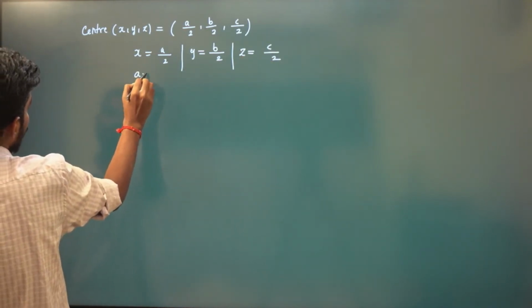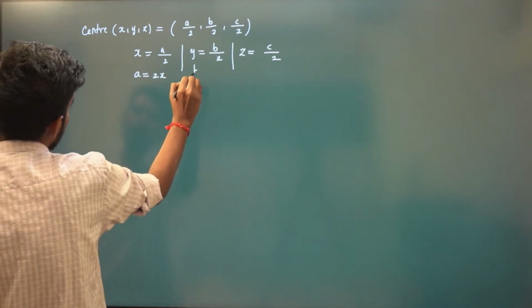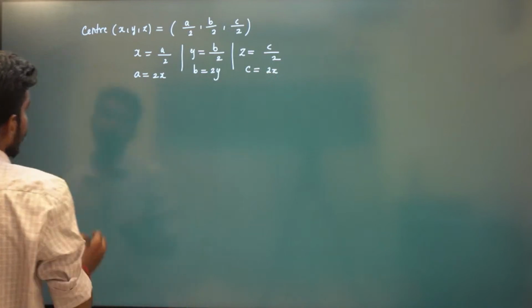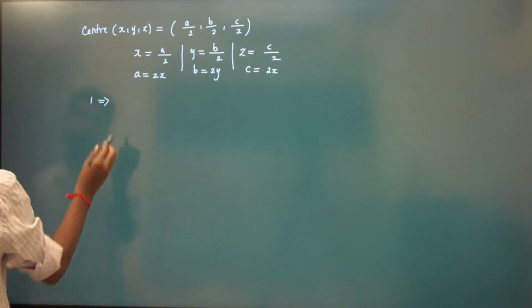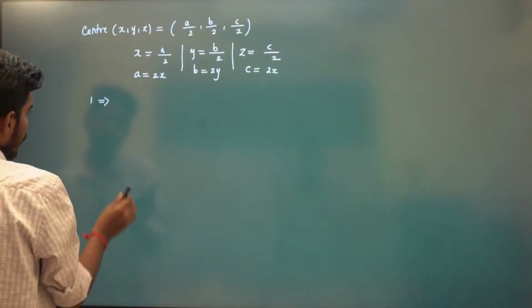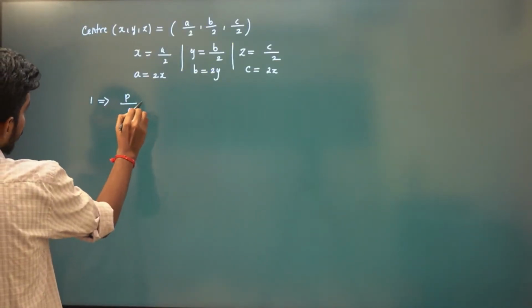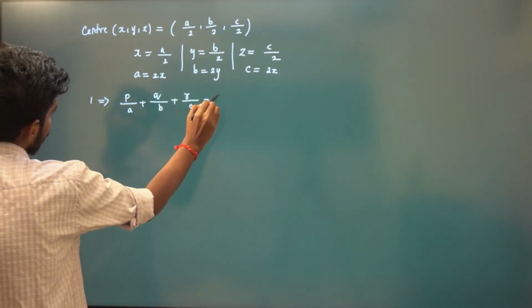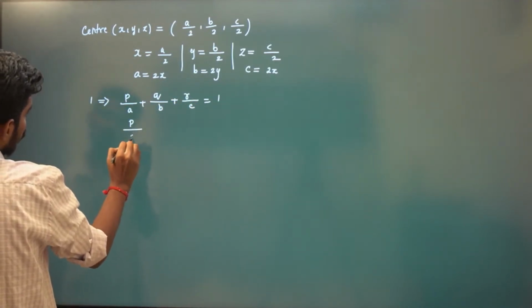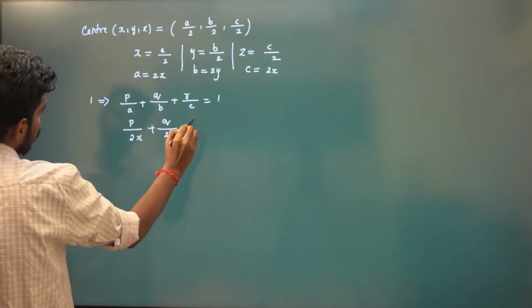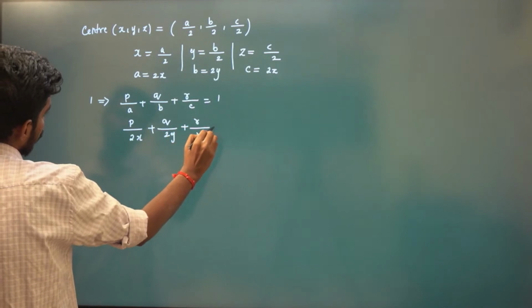We have a equal to 2x, b equal to 2y, c equal to 2z, and from 1 we have p by a plus q by b plus r by c is 1. So a is 2x, b is 2y, c is 2z.